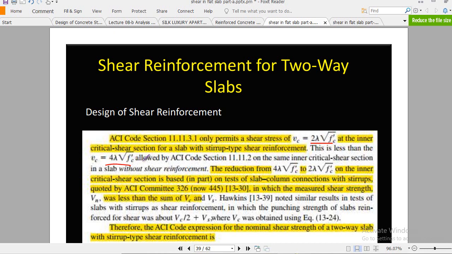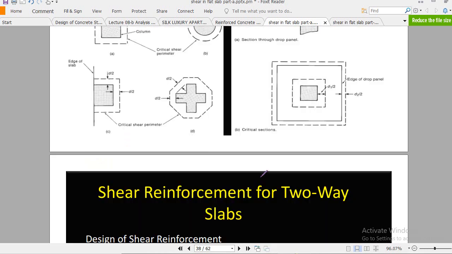This is a very important question. ACI basically reduces the shear strength of the concrete by 50%. Why this reduction? The reduction from 4 lambda to 2 lambda on the inner critical section is based on test results. This is very important.